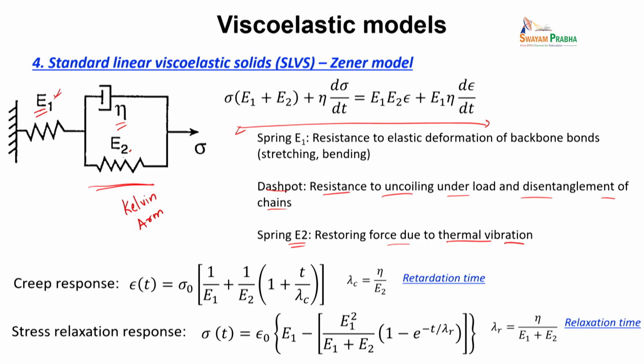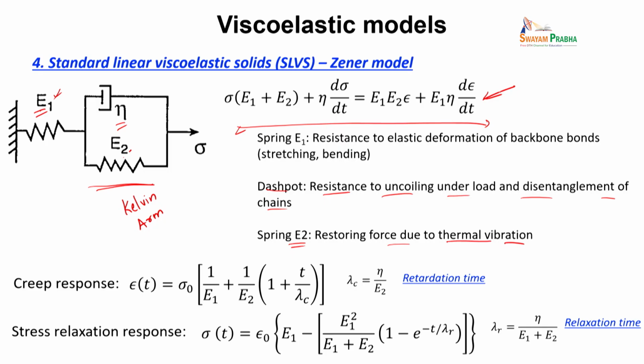For every molecular motion that you imagine may be happening in the polymer, you could think of a mechanical model. This is one example where we combine springs and dashpots in a particular sequence, in series, in parallel and in combination. You can derive many other models, but we are talking about only a few of them. Once you have a dynamic model of how stress and strain rate are related, you can solve the equation for the two tests, the creep test and stress relaxation.